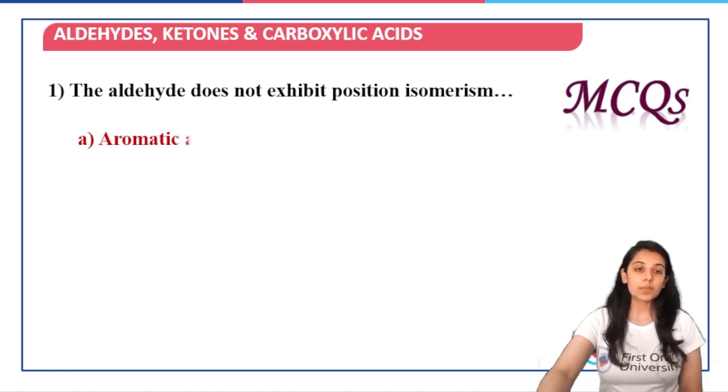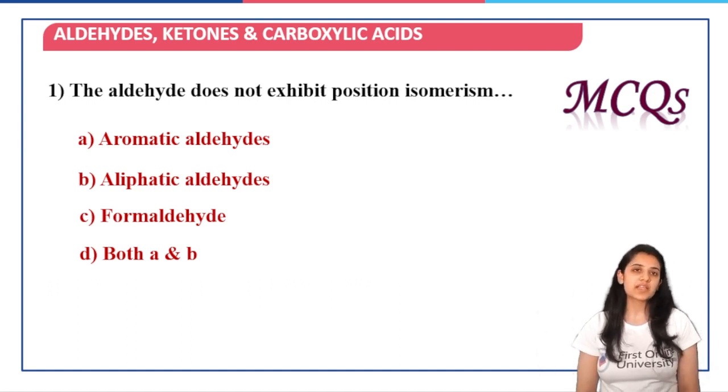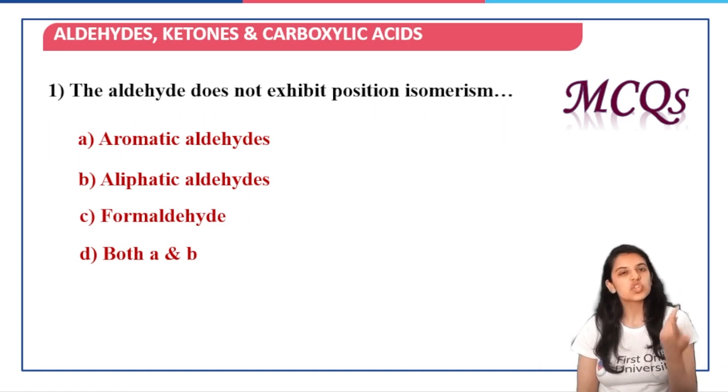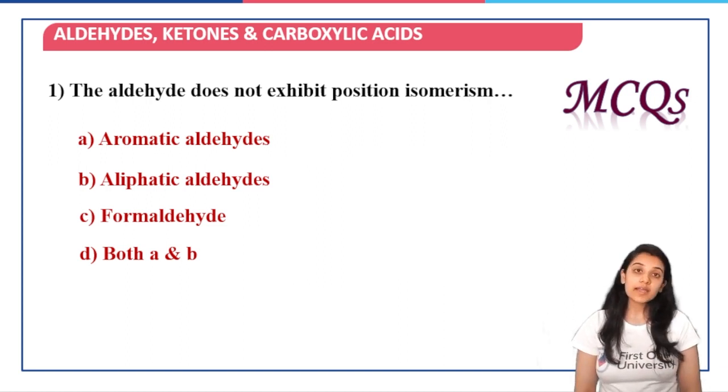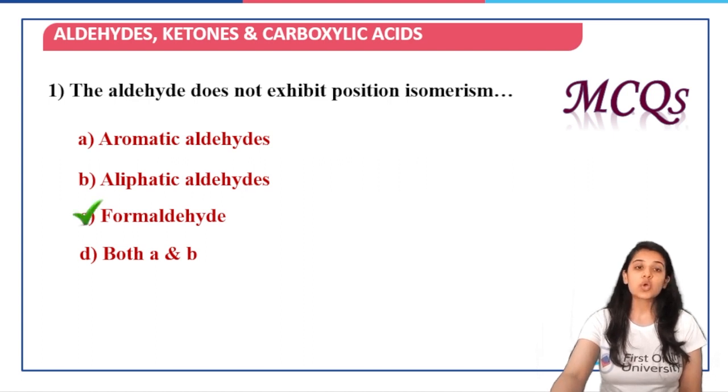So if we look at the options, I've already told you the answer. Option B obviously is the right answer. If you look at formaldehyde, it will not exhibit it, because there is just one carbon atom. Aromatic aldehydes, on the other hand, are capable of exhibiting position isomerism.